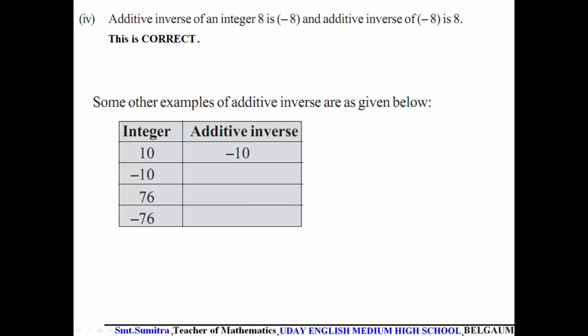Now, -10, its additive inverse is +10. Similarly, try to answer 76. It is -76 and -76 becomes +76 as additive inverse. One is positive, the other one is negative of the same number.